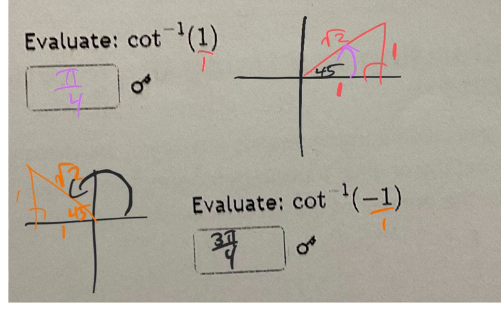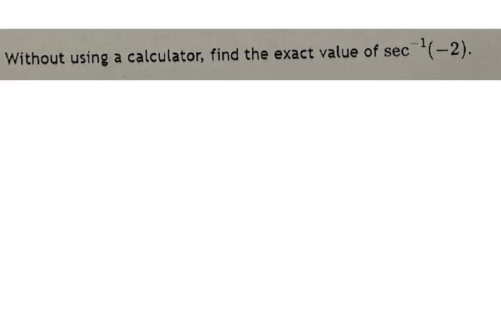But look back at all the ones we had before. If I look here, I've got the inverse secant of -2. As I'm thinking, inverse secant is the reciprocal of cosine. Inverse cosine is defined for quadrants 1 and 2. So if inverse cosine is in 1 and 2, inverse secant is in 1 and 2.